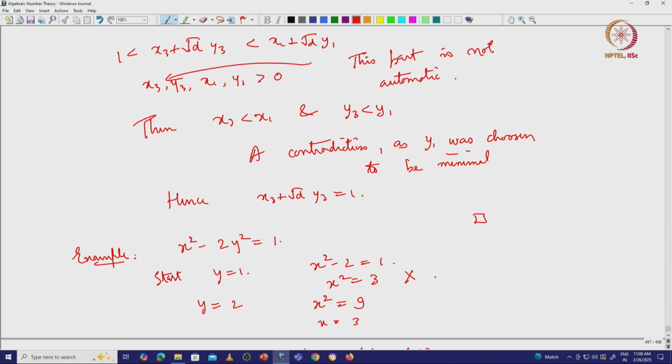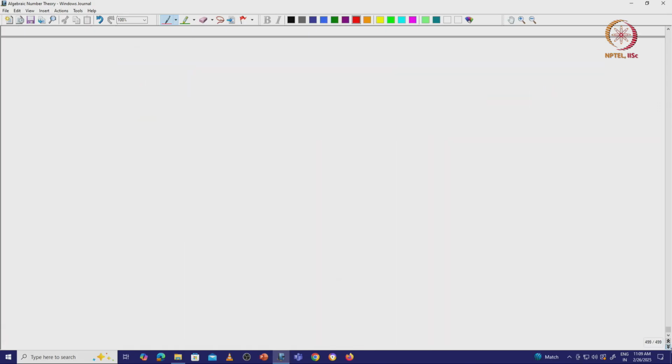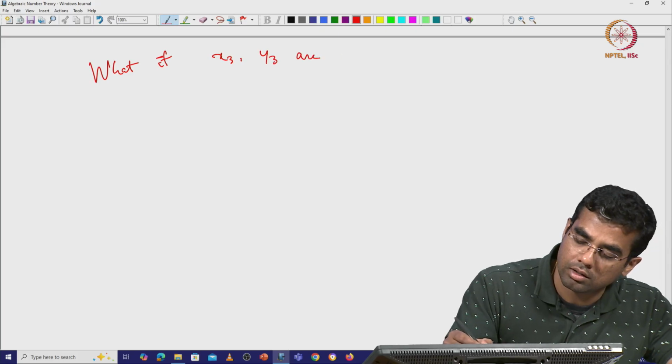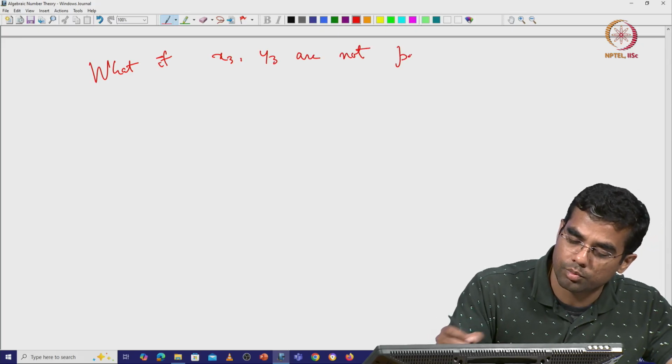The proof is complete, the proof is okay if x3 and y3 are both positive. So what happens if x3 and y3 are not both positive?